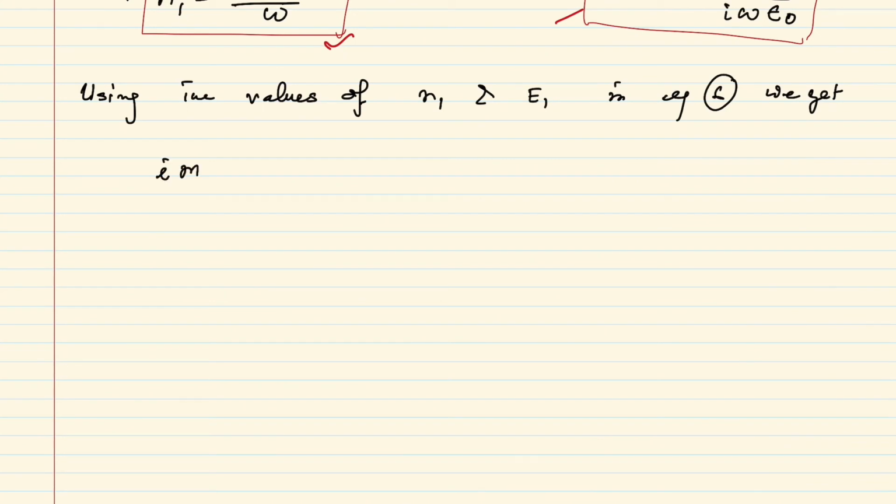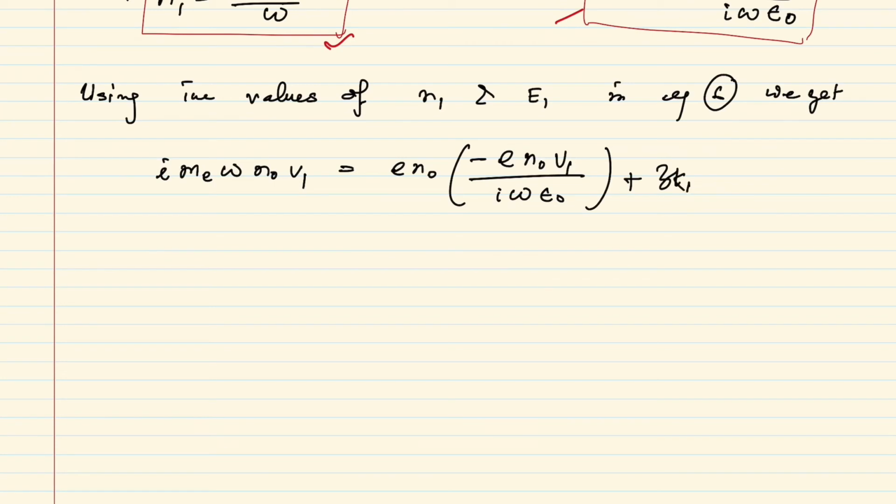i m e omega n naught V1 is equal to e n naught minus e n naught V1 by i omega epsilon naught plus 3 k B T e i k, then n1 will be replaced by n naught k V1 by omega.